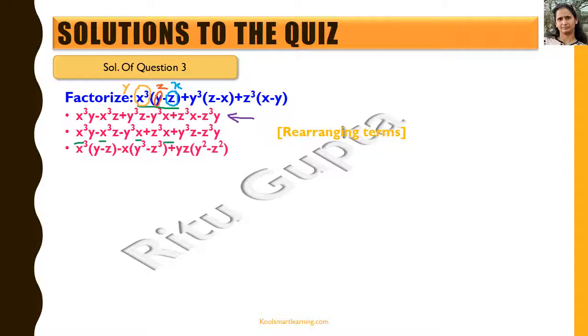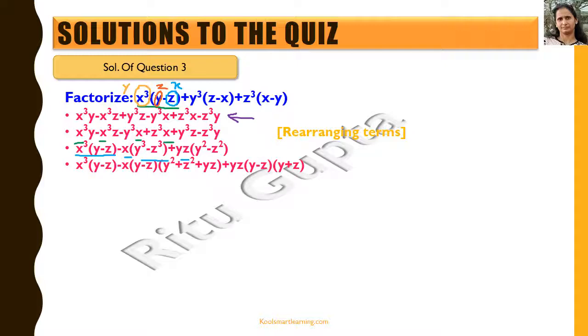Now we take x cube common and we get y minus z here. Similarly, in the third and fourth terms, we take x common and we get y cube minus z cube. Plus in the last two terms, we take out yz common and we get y square minus z square.